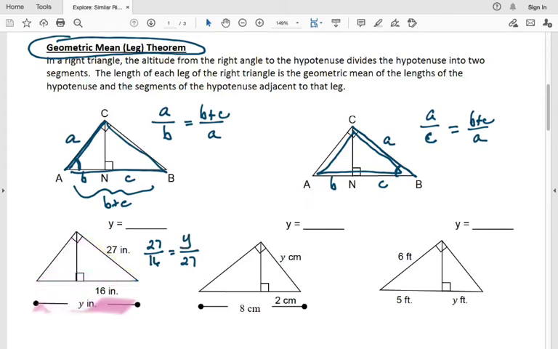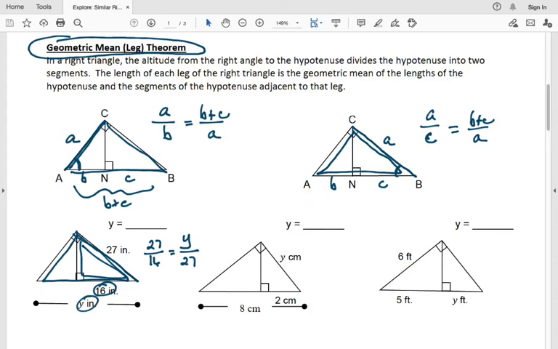So again, let me just make sure I show that. The 27 is the main leg. It's what gets cross multiplied with itself. It's part of this medium triangle right here. And it's also part of this bigger right triangle right here, this y. So those get cross multiplied.